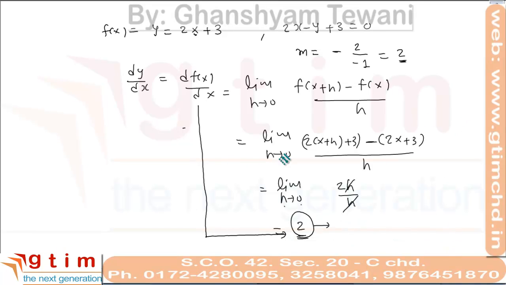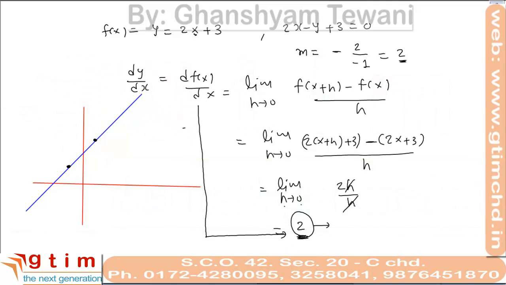In fact, in the case of a straight line, we can say that at any point, what is the tangent? If you want to draw a tangent at this point, what will that be? This line itself. If I want to draw a tangent at this point, then what will be the tangent? Again the same line. And this line has slope 2. So we can say the slope of the tangent to a straight line at any point is 2, which is in fact the slope of the line.